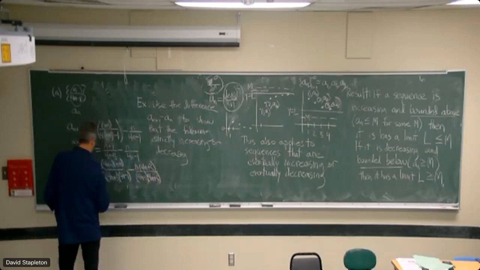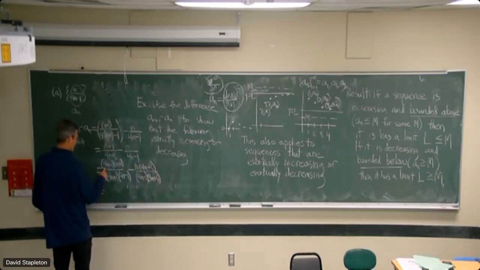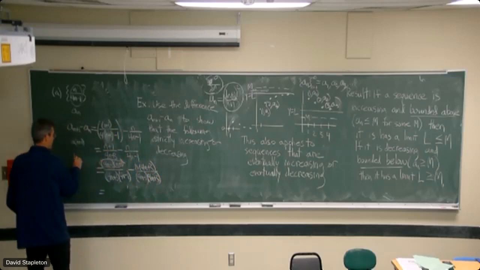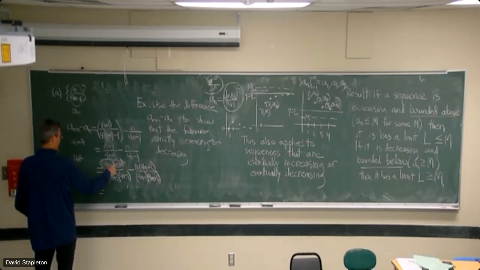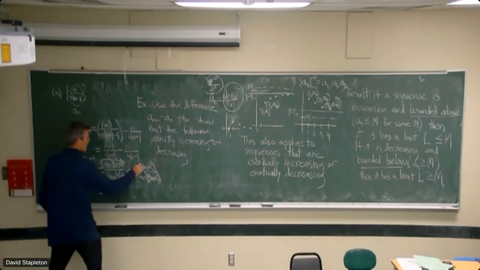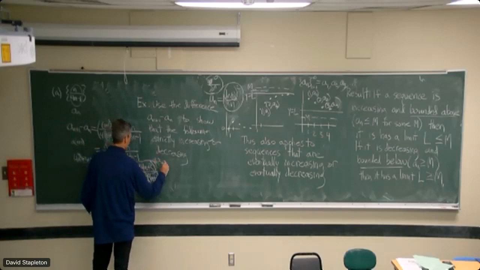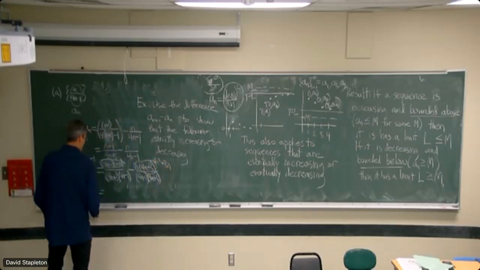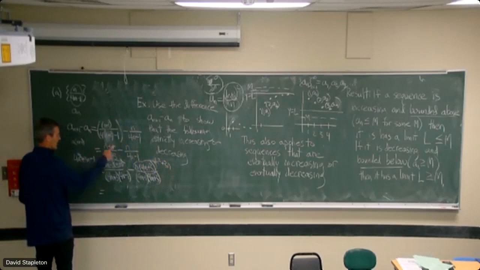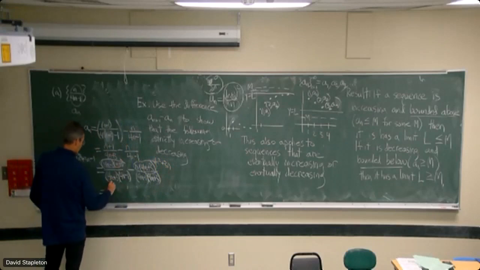Now that they have a common denominator, you can subtract them. The first numerator is 4n squared plus 4n minus n, which is plus 3n, and then minus 1. The second is 4n squared plus 3n, nothing else. So this one minus that one gives minus 1 over (4n plus 3)(4n minus 1).